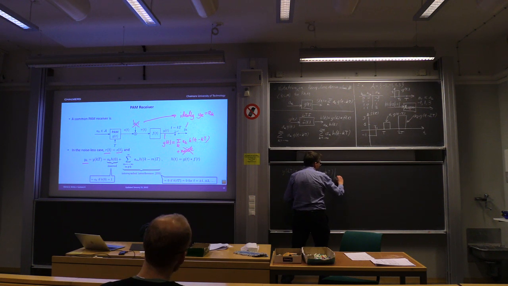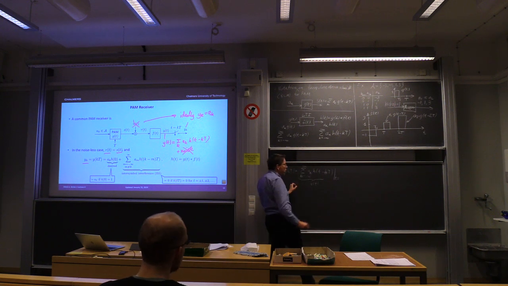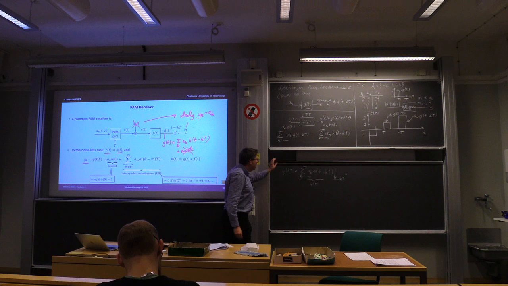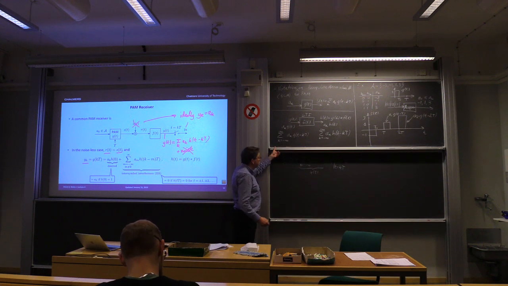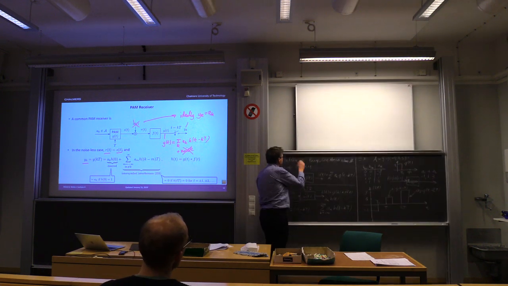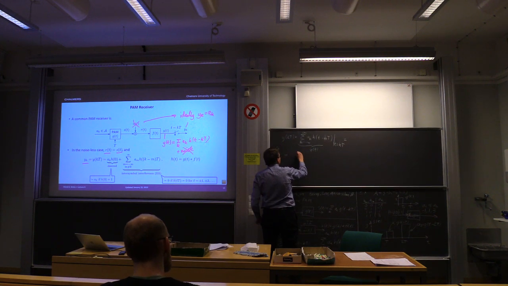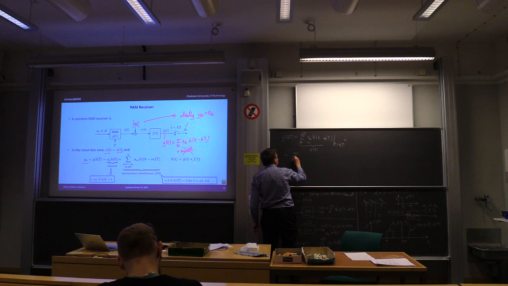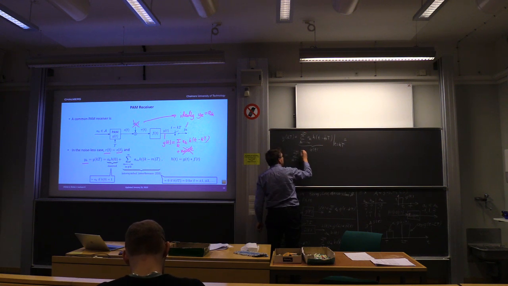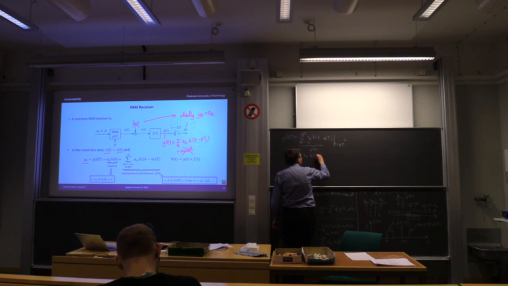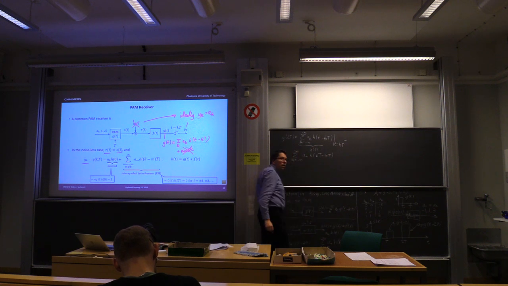And then we would like to set small t equal to k capital T. What we get then is the sum over m from minus infinity to infinity of a_m h(kT minus mT), like that.